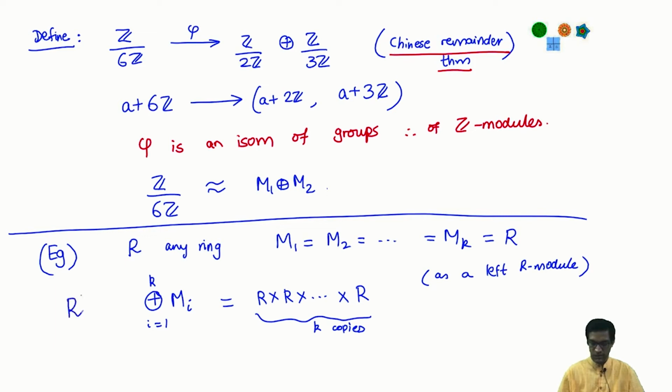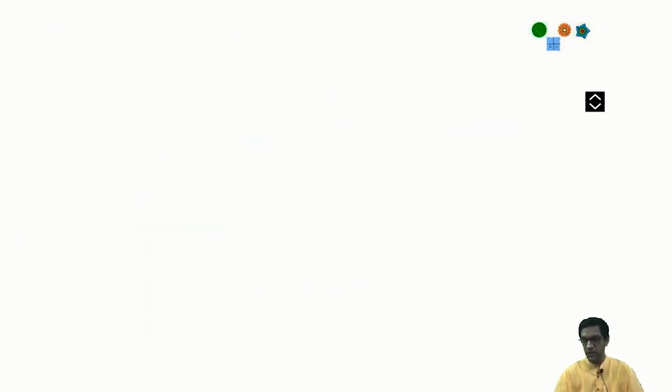So this set is what we usually denote as R to the k. So the direct sum of R with itself k times is, as a set, R to the k with componentwise addition and scalar multiplication. So this is again an example of a direct sum.